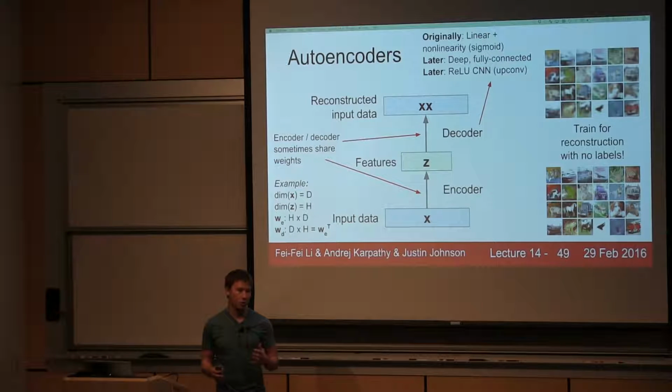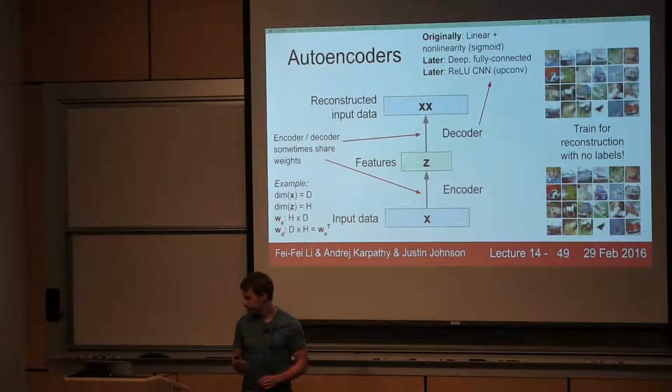If the encoder is a fully connected network, then the weights would be a matrix of d by h. Now when we want to decode and reconstruct the original data, we're mapping back from h to d. So we can just reuse the same weights in these two layers if we take the transpose of the matrix.